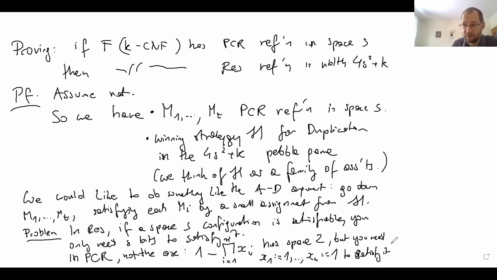Even if you immediately resign yourself to allowing quadratic size assignments, S squared or something like that, still this idea that you will take a configuration, satisfy it, add some more stuff to satisfy the next configuration, and then trim the assignment down to keep it within size S or even S squared doesn't seem to work. So there's a difficulty here. And a solution, sort of unexpected, I would say, is to introduce the following concept.